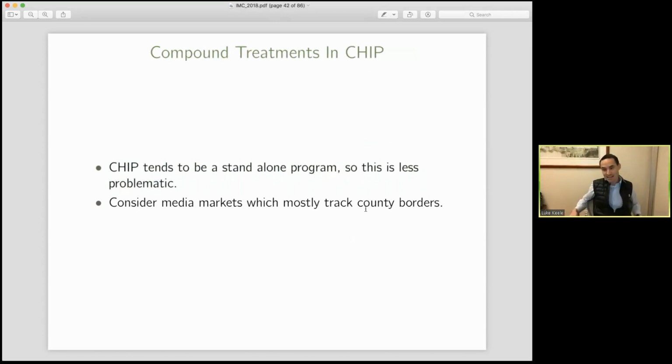In many states, counties are in charge of election administration. So in that case, you may be trying to estimate the media market effect, but let's say that one of the treated counties is actually much stingier in terms of polling places, and people have to stand in longer lines and are thus less likely to vote. Given there's now a compound treatment, you can't separate the media market effect from the county administration effect. That is something we've seen happens a lot.